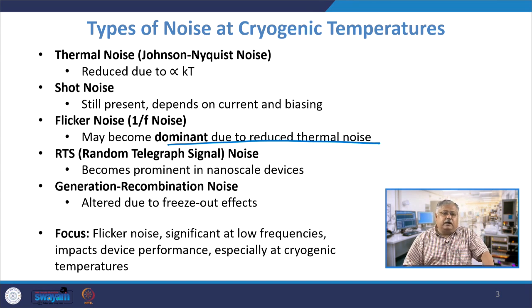Then you look into random telegraph signal noise, which is RTS noise, and typically these are very prominent at nanoscale devices, but let us not touch this because we will not be going into too much of nanoscale devices at this stage. You then have generation-recombination noise.